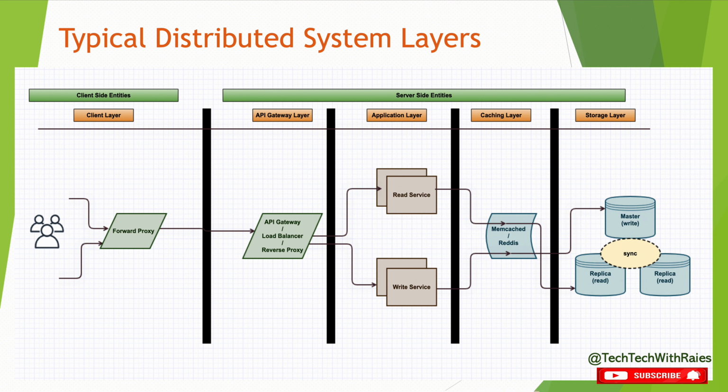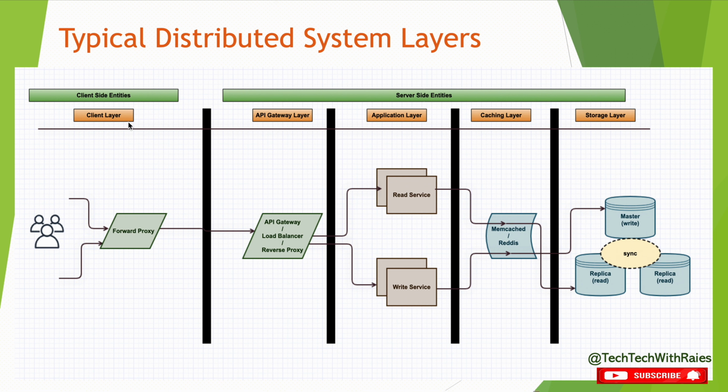Okay, let's move on. In this slide, I am showing you a pictorial representation of typical distributed system layers. This entire system has two parties: one is the client side party, another is the server side party. On the client side there is one layer, the client layer. On the server side there are 4 layers: API gateway layer, application layer, caching layer and storage layer.